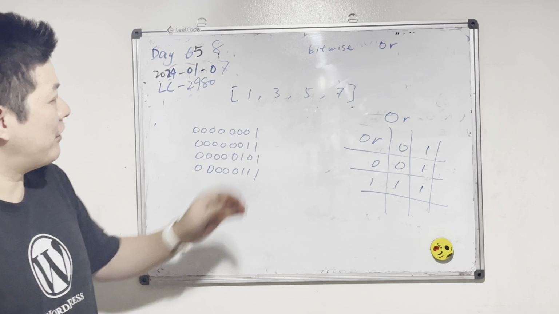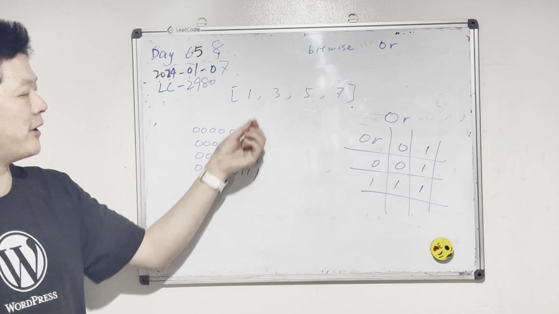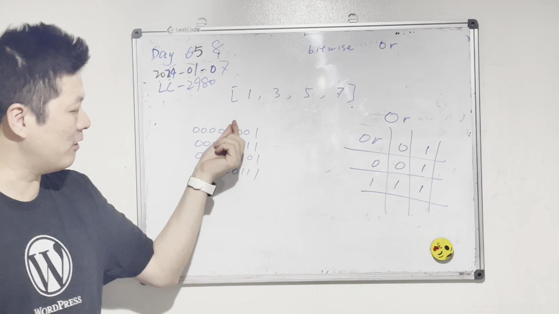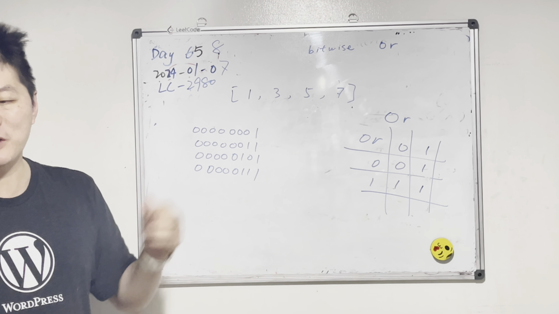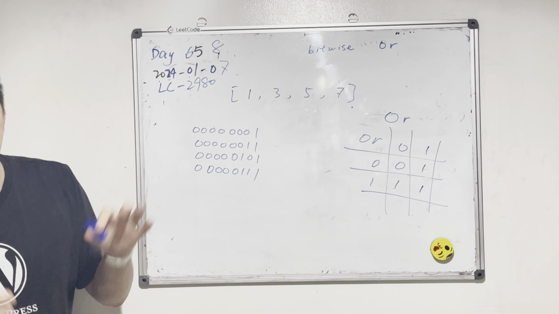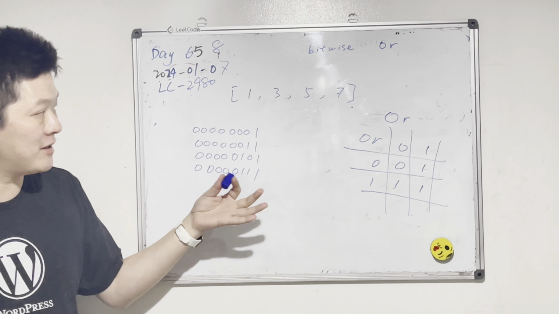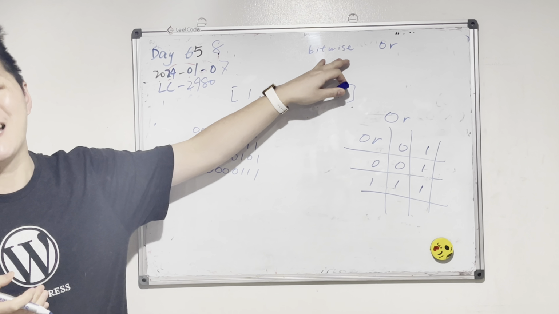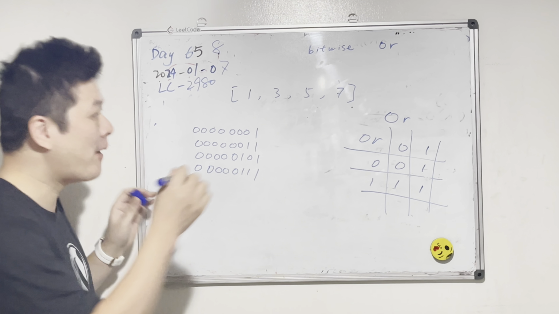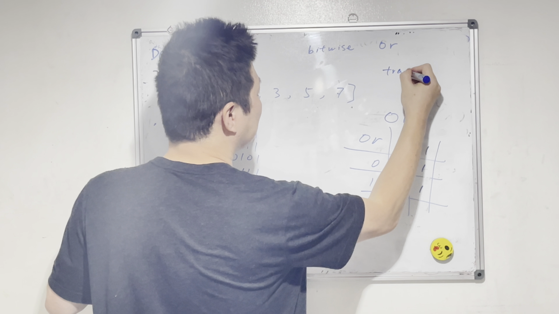So if we pick two numbers from the array and perform this bitwise OR, we want to find out if it's possible to find such a pair that the bitwise OR has trailing zeros. What does it mean by trailing zeros?